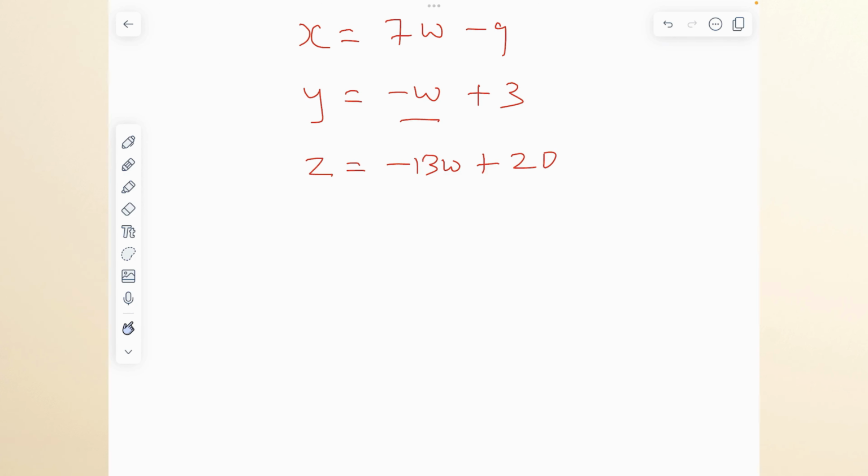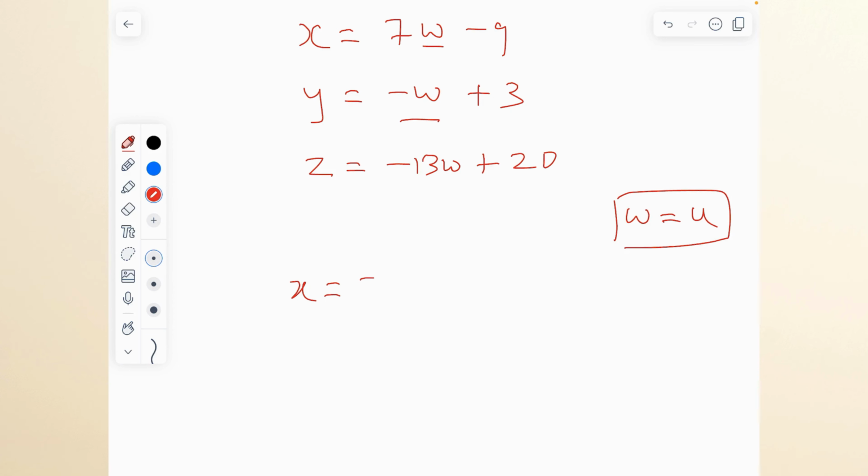Okay, now for the solution, what we should do is, this w is there, no? So w, you just rename as u. So w is equal to u. So we'll be getting x is equal to 7u minus 9, and y is equal to minus u plus 3, and z is equal to minus 13u plus 20.